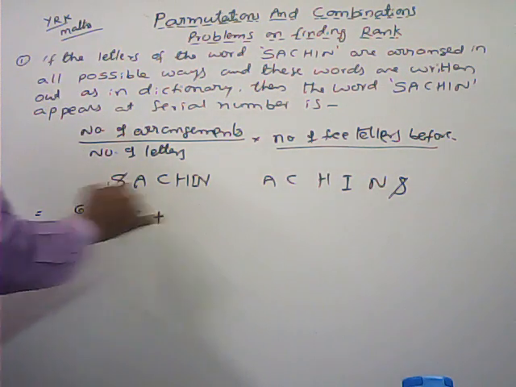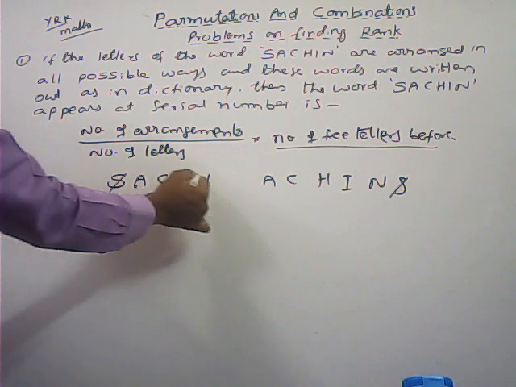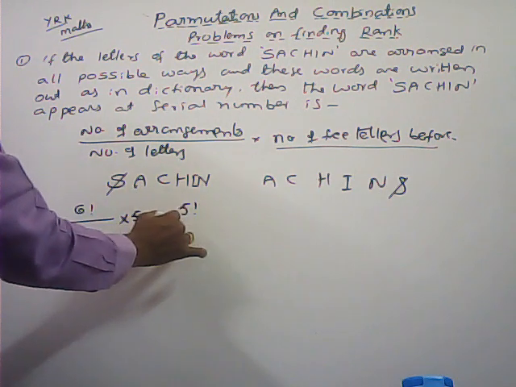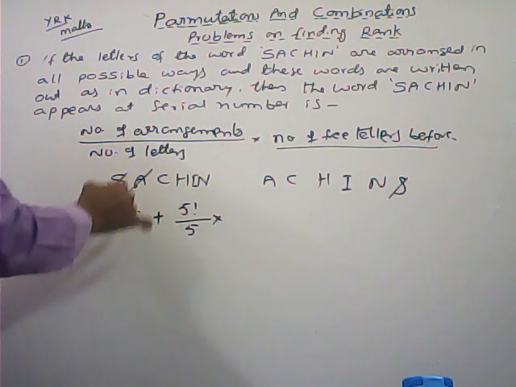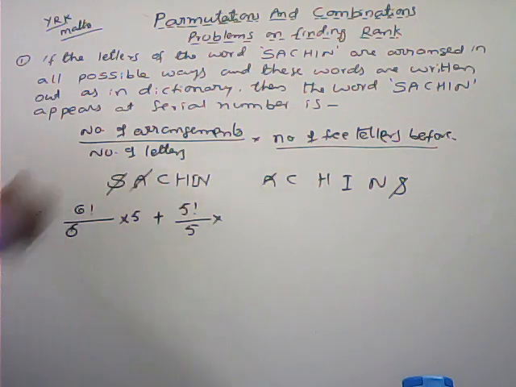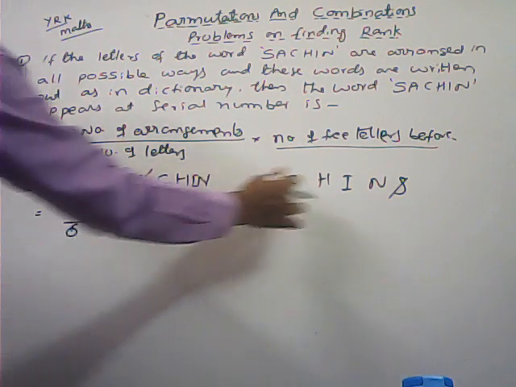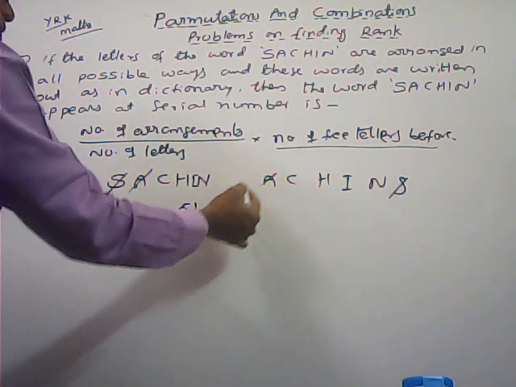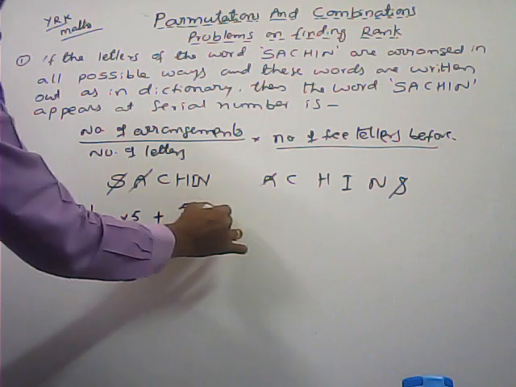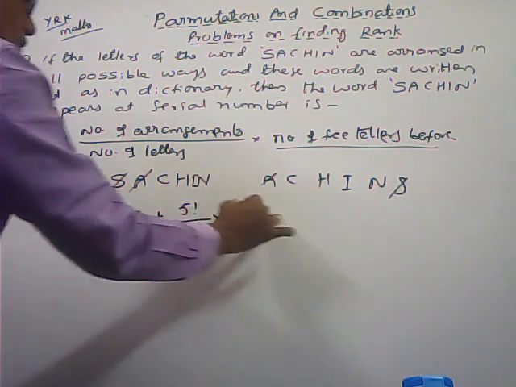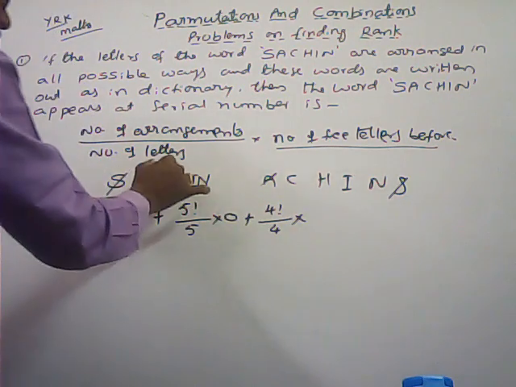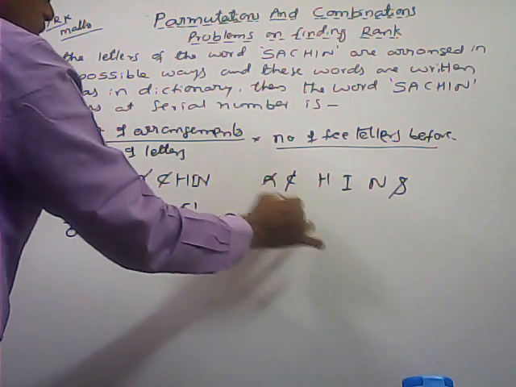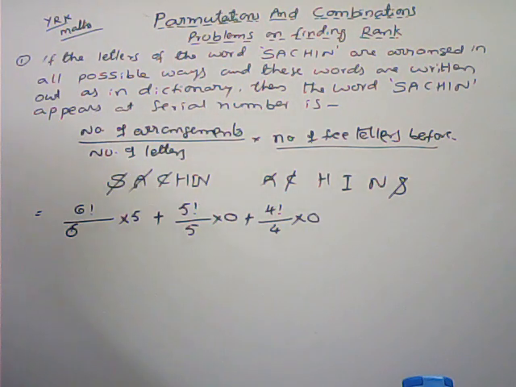Multiplied by 5. Plus total number of arrangements 5 factorial upon total number of letters 5, into, here A is the first letter. So you can cancel A in this sequence also. Before A, how many free letters are there? 0. Plus 4 factorial upon 4 letters into, here cancelling C, before C also free letters are not there.